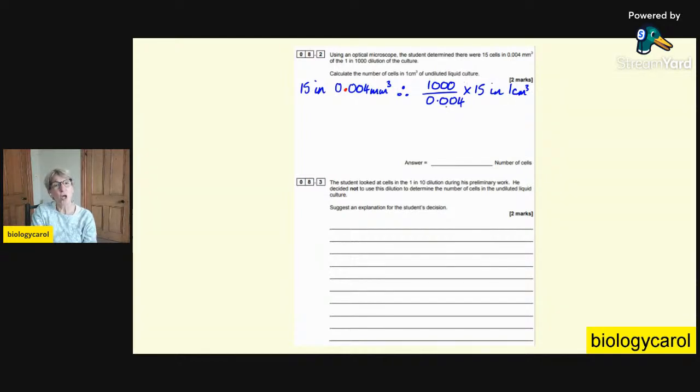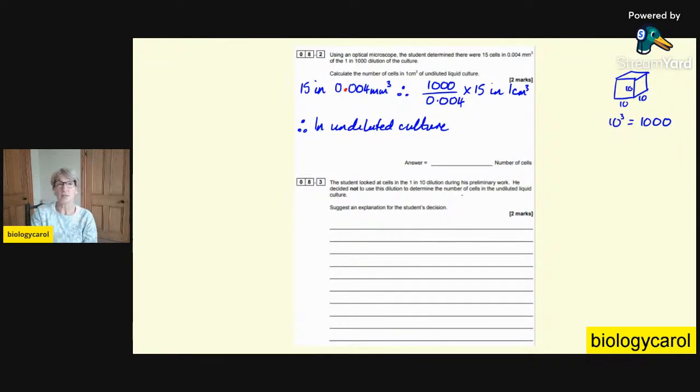And it's 1,000 over 0.004, because a centimetre cubed is 10 millimetres by 10 millimetres by 10 millimetres, which is 1,000 millimetres cubed. So if we've only got 0.004 millimetres cubed, this is how much we've got to scale up this number 15 to get how many bacteria there are in a centimetre cubed of diluted broth.